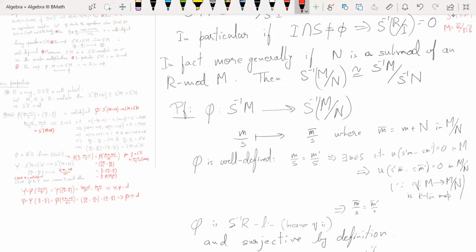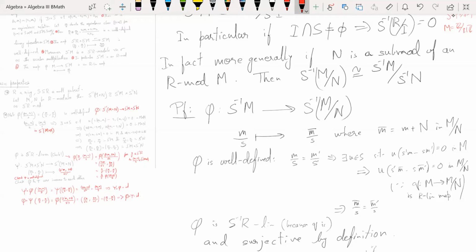Remember, what is the description of S inverse N? S inverse N consists of equivalence classes of some subset of S cross N, and S inverse M is equivalence classes of some subset of S cross M. So you can't simply say that these two equivalence classes are going to be the same.